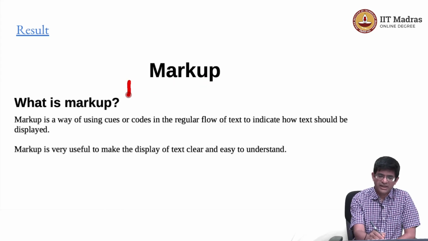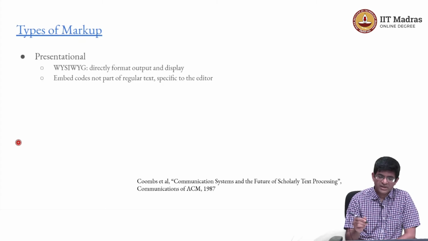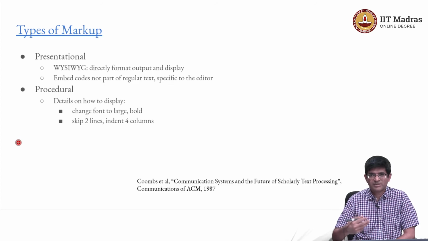Then leave 2 blank lines, change font size to 16, once again Arial, print what is markup. Leave 1 line, change font size to 12, change font type to Times New Roman, print the next text. Leave 1 blank line. So in other words, every single step is specified as part of the markup.